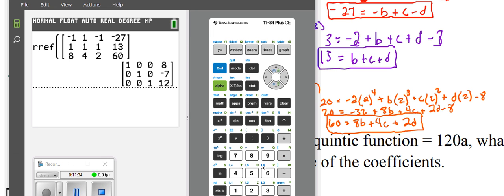And you hit enter, boom. So the b value, b is in the first column, so the first column is 8. b is 8, c is -7, d is 12.